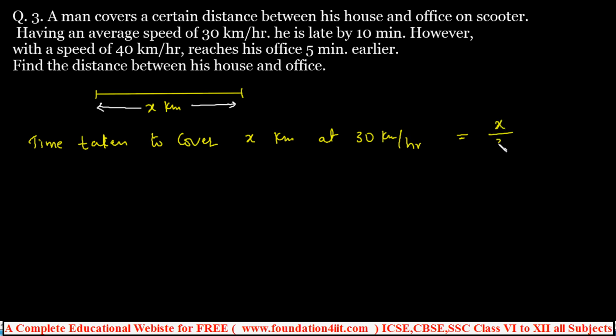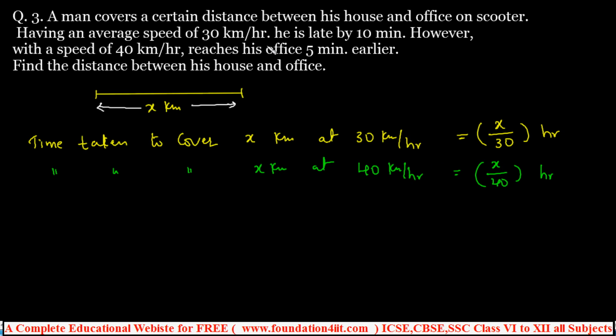So time taken to cover x kilometers at 30 kilometers per hour speed is x by 30 hours. This is in hours. And similarly, time taken to cover the same x kilometers distance at 40 kilometers per hour speed is x by 40 hours. If it's going slow, x by 30 is the time. If it's going fast, x by 40 is the time.